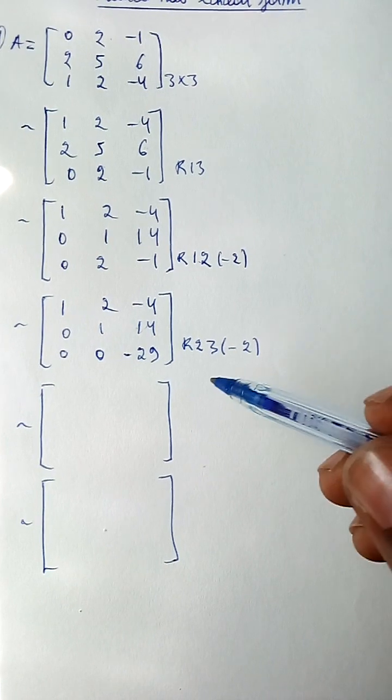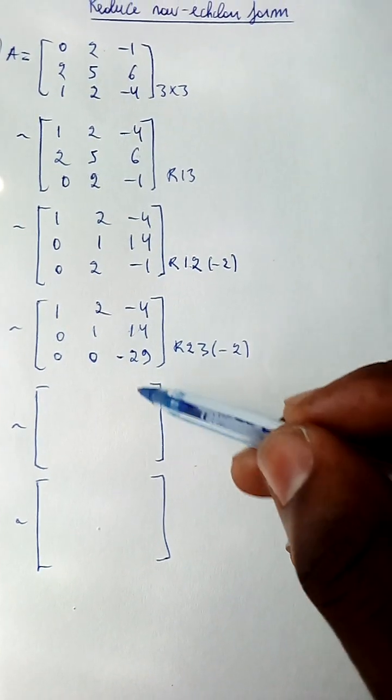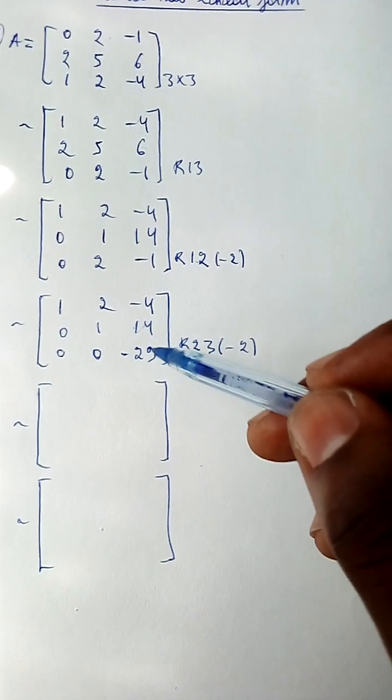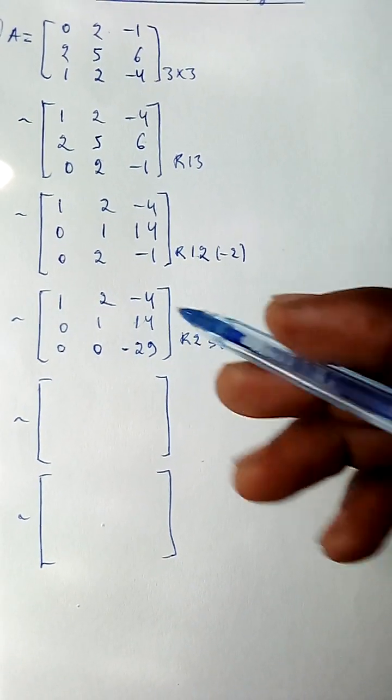So guys, as we already have 29 here, we are going to make it a leading one in the third row.